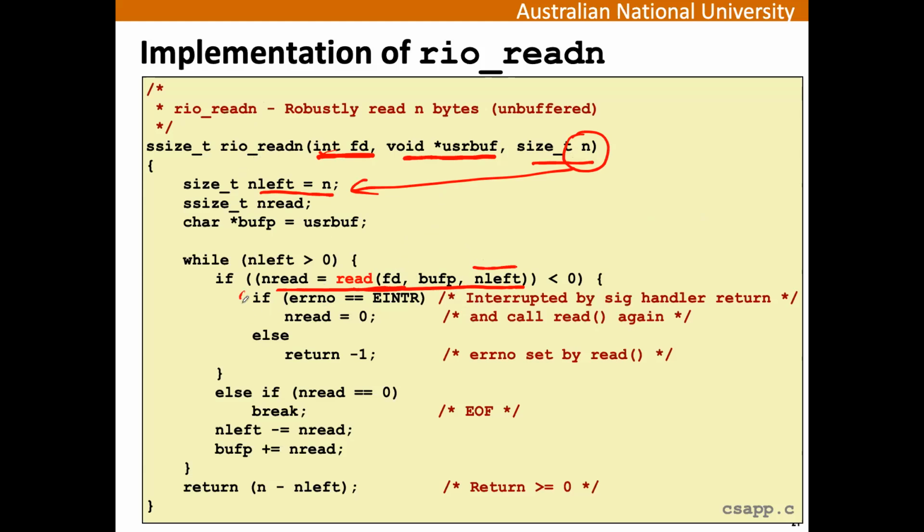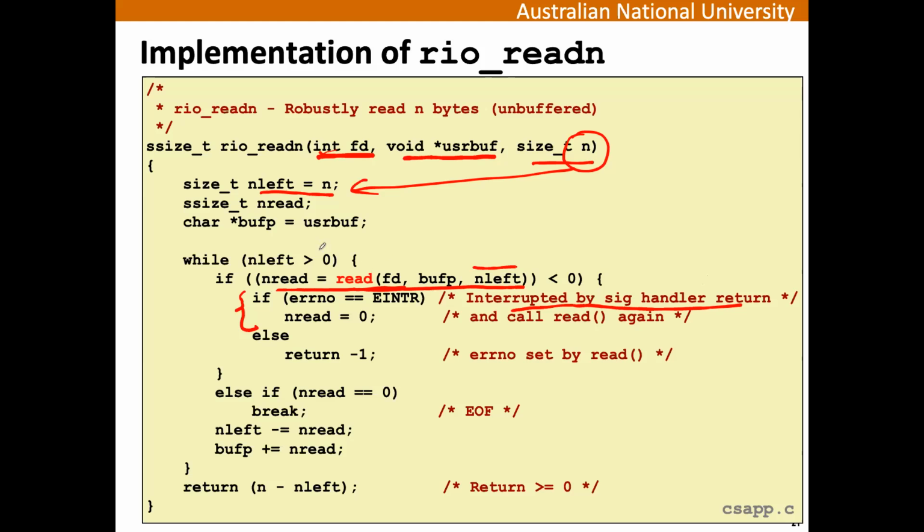Here, they're checking for interruption by a signal handler. If there is an interruption by a signal handler, the read system call will just return with a short count, right? It will not do anything else. It's just one system call.